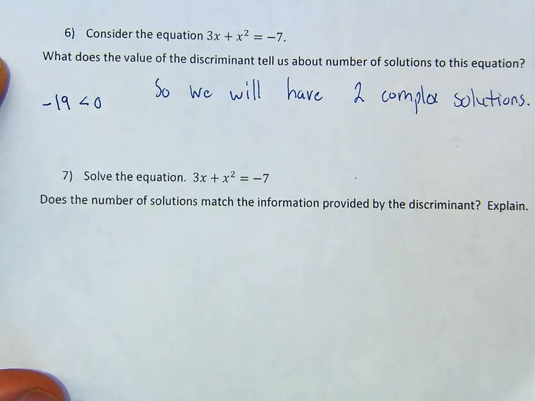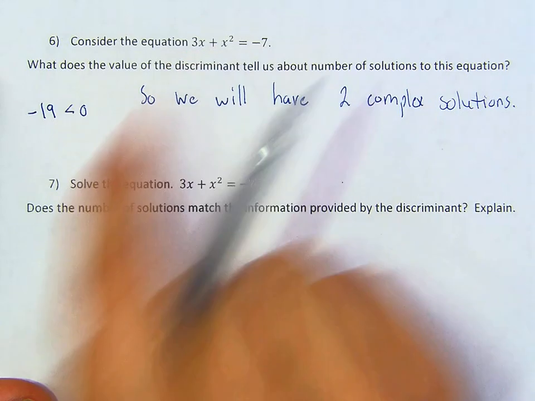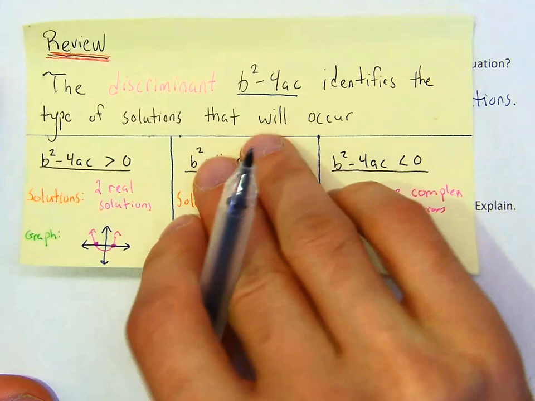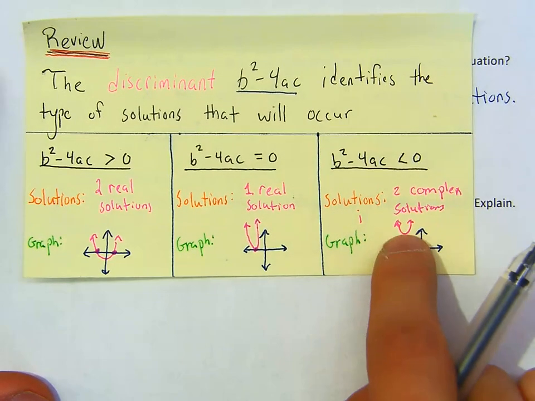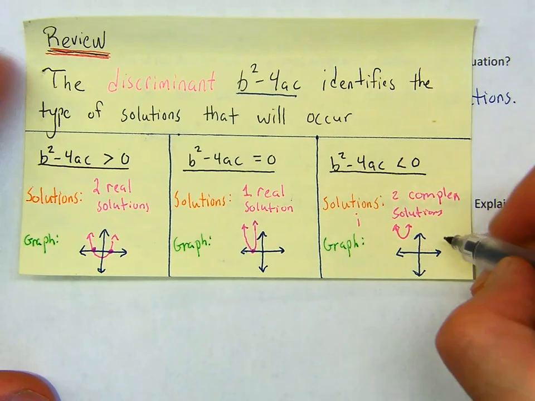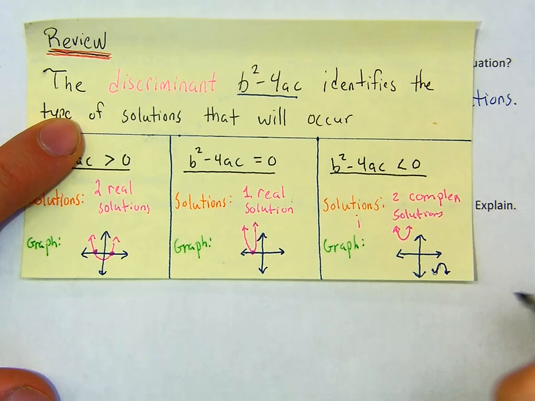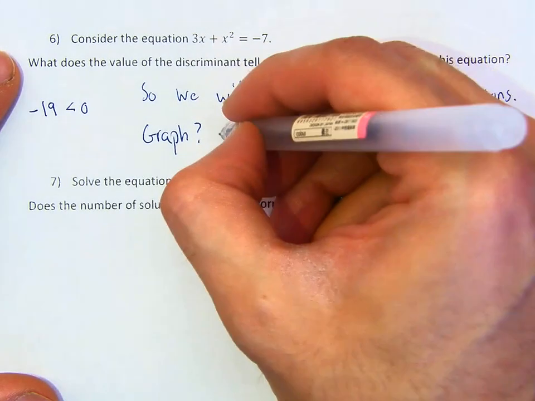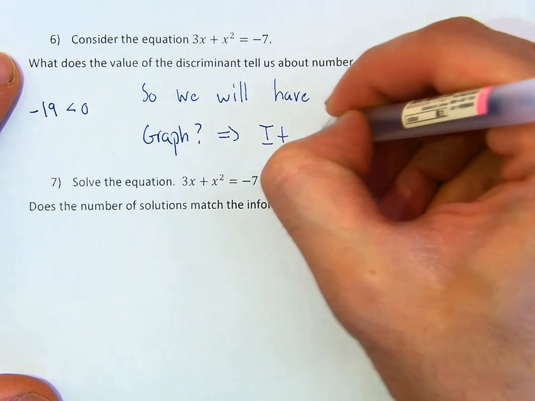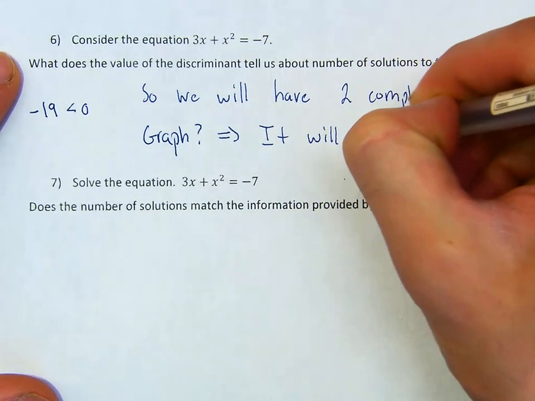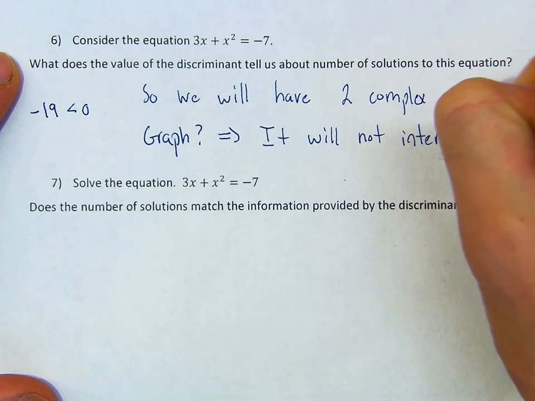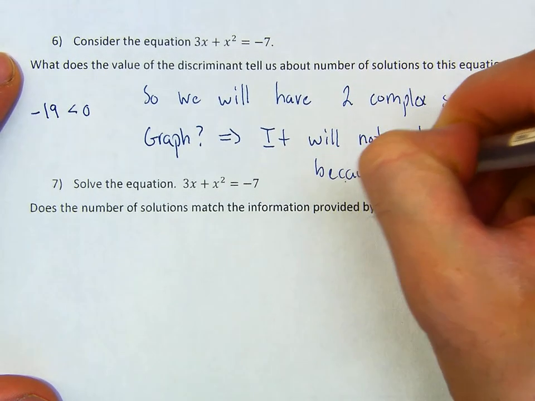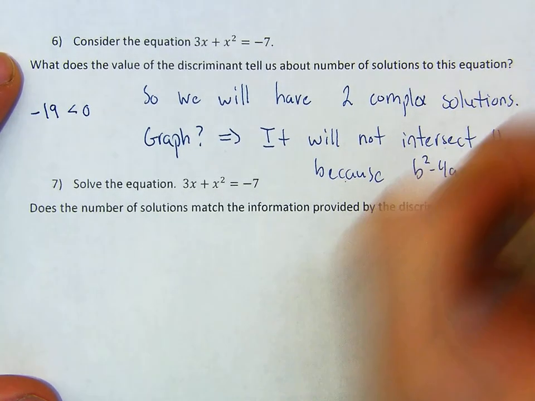What do you know about the graph of this equation? It will not intersect the x-axis. It could look like this, or it could look something like this. We don't know, but for a fact, it's not going to hit the x-axis. So the graph will not intersect the x-axis because b squared minus 4ac is less than 0.